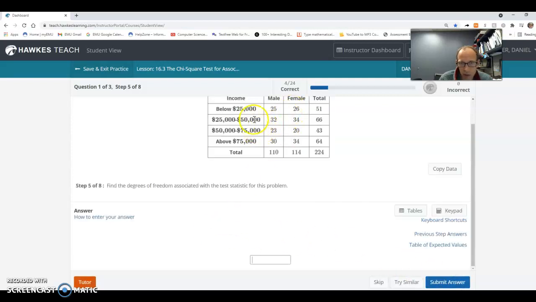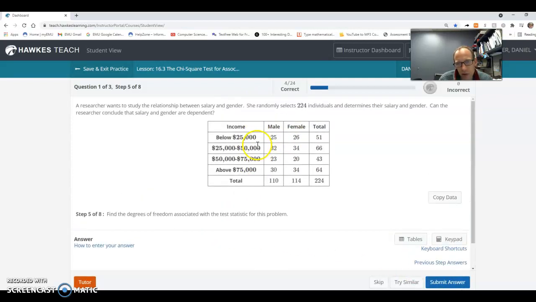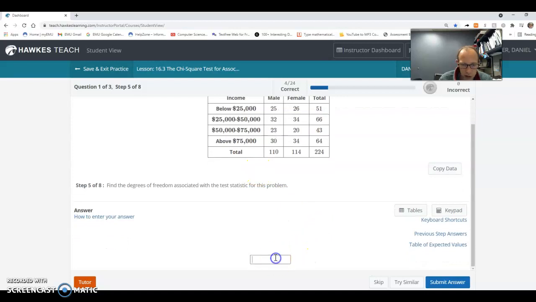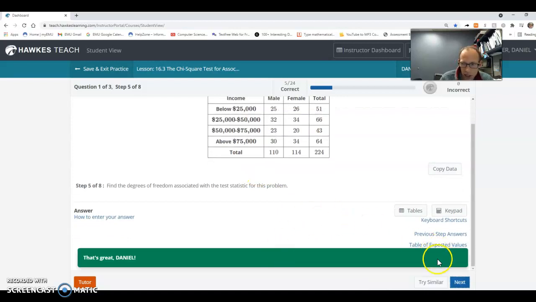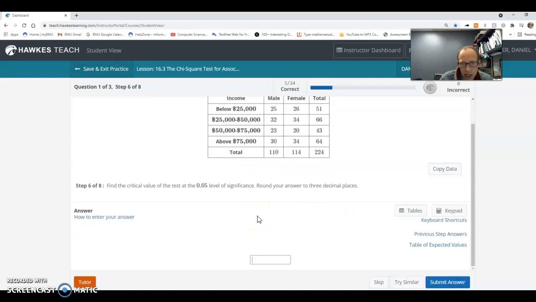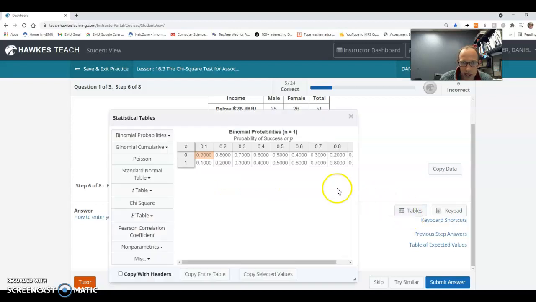Degrees of freedom, remember when I say number of rows and columns, I'm not counting the total. So without the total, you take number of columns minus 1, so that's just 1. Number of rows, there's 4 of them, 4 rows of actual data, minus 1, so that's 3. 1 times 3. And then the critical value, so we have 3 degrees of freedom, 0.05 level of significance.